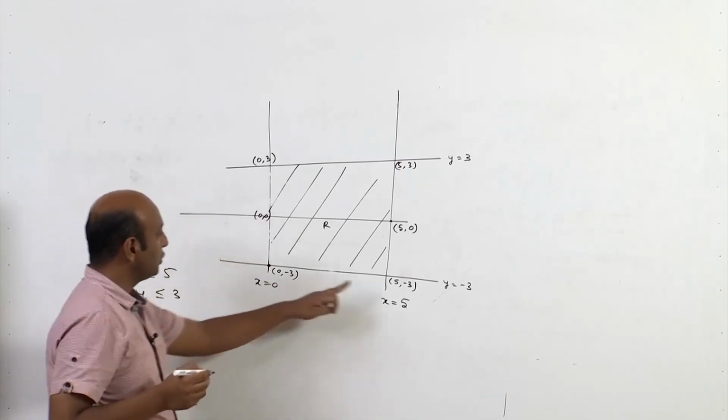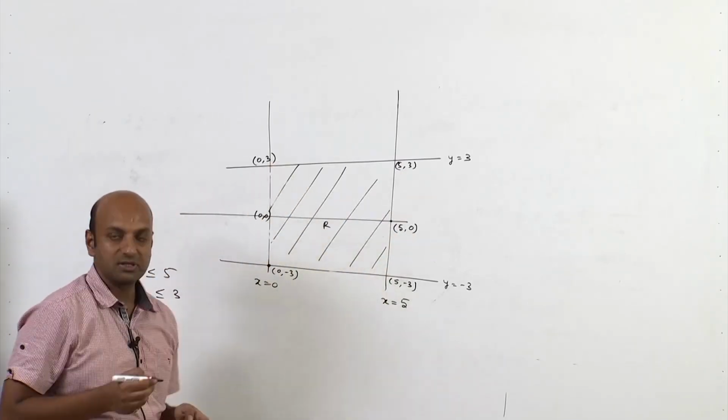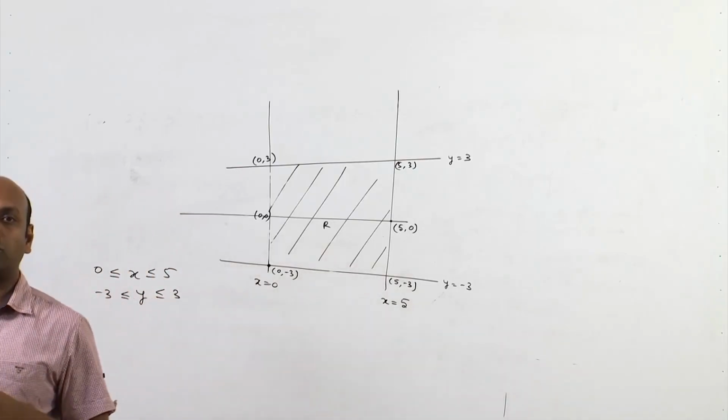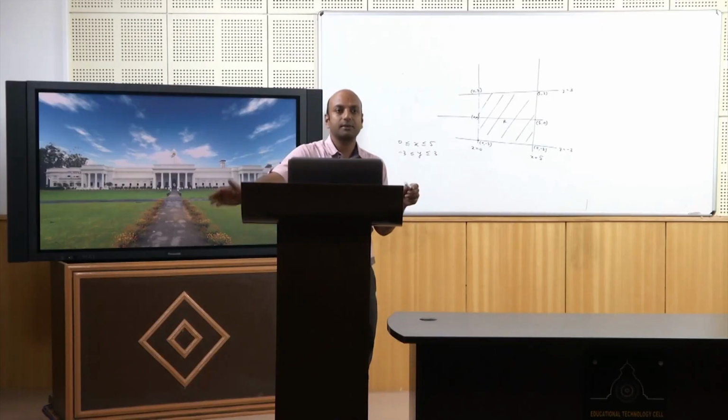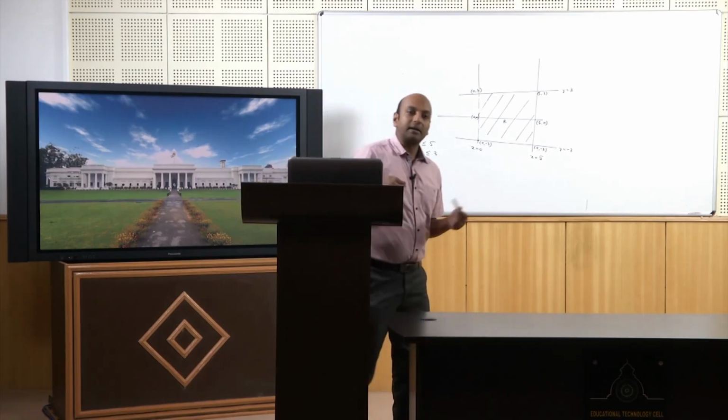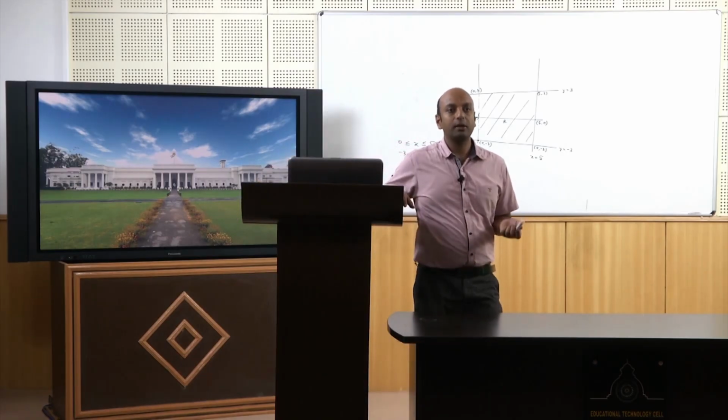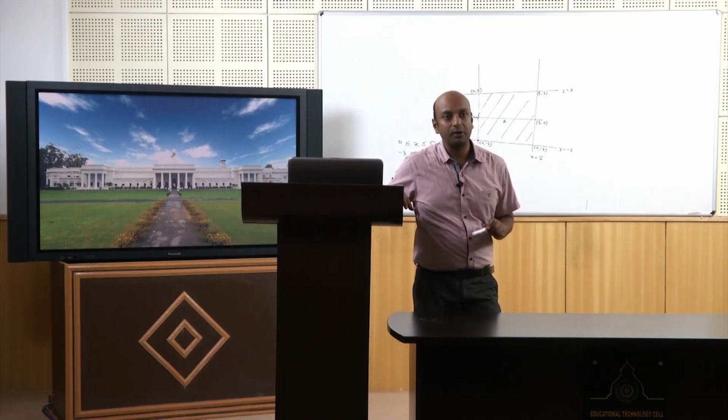So, we have 1, 2, 3, 4, 5, 6 points. We find the functional value at these 6 points. Okay. Then for the critical point, we take fx equal to fy equal to 0, find out the critical point, and the nature can be determined by finding second order partial derivatives at that point.